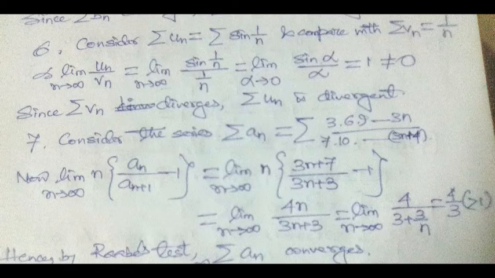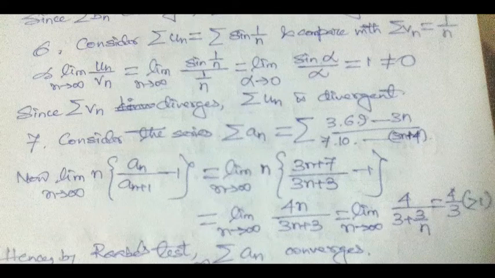Then we have to compute limit n tends to infinity n times (a_n by a_(n+1) minus 1). Firstly we will compute the ratio a_n by a_(n+1), that is the ratio of consecutive terms. So a_n by a_(n+1) will be 3n plus 7 by 3n plus 3.